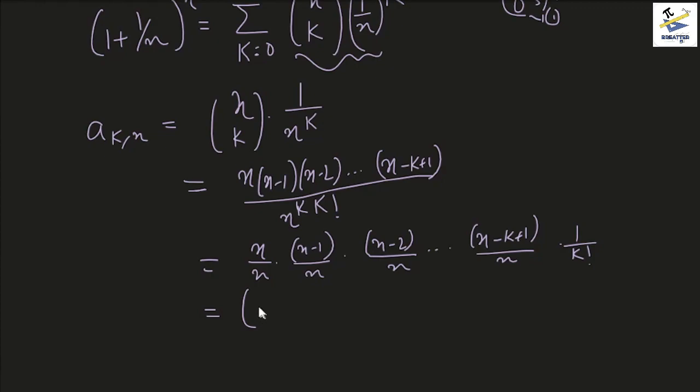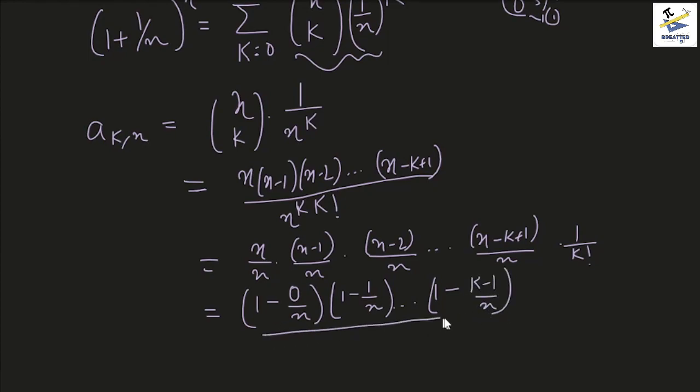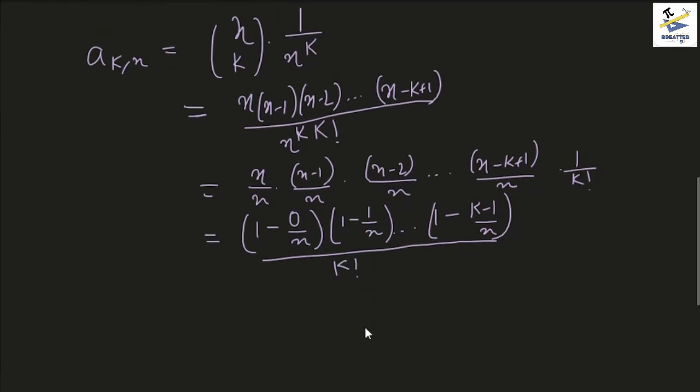So this gives us (1 minus 0 by x) into (1 minus 1 by x) and all the way up to (1 minus (k minus 1) by x), whole divided by k factorial, right? Which can be written in the product form as follows: the product over r equals 0 to k minus 1 of (1 minus r by x), and there is a 1 by k factorial outside, right?